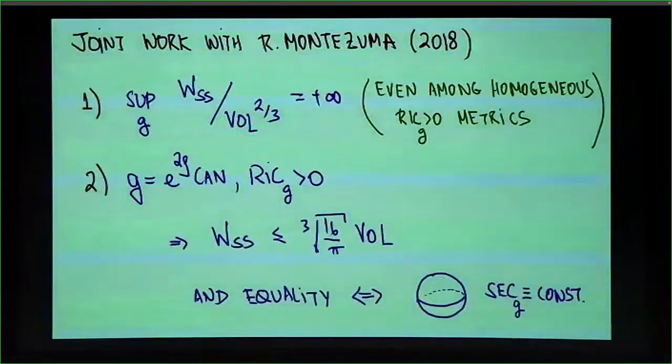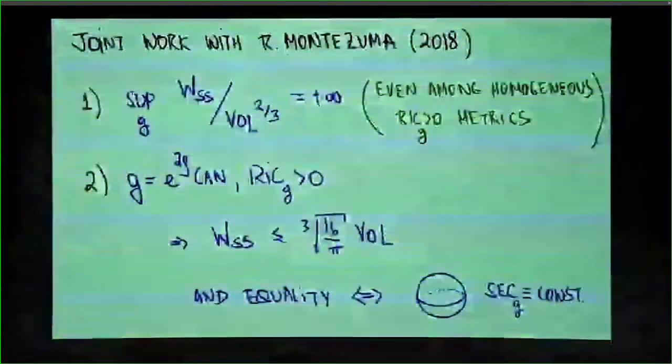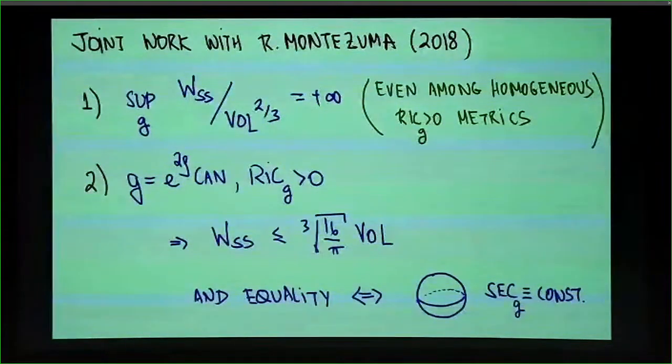The first results are part of a joint work with Rafael Montezuma from the Federal University of Ceará. Let me go through three statements here. The first one is that we checked that the theorem of Croke is false in this context.